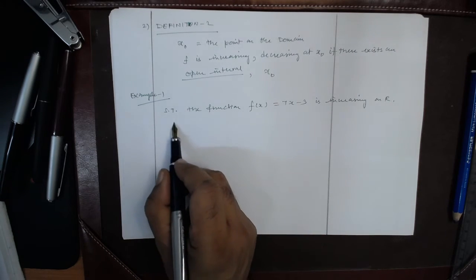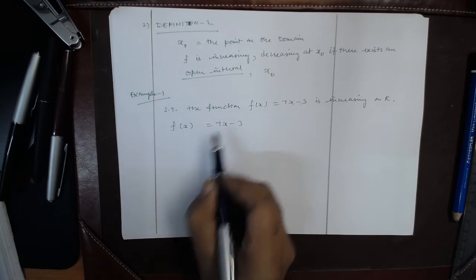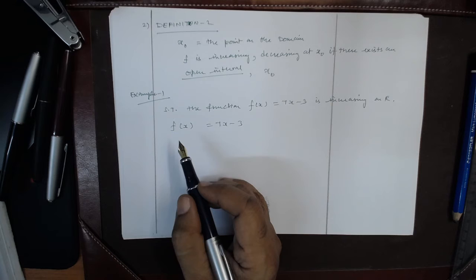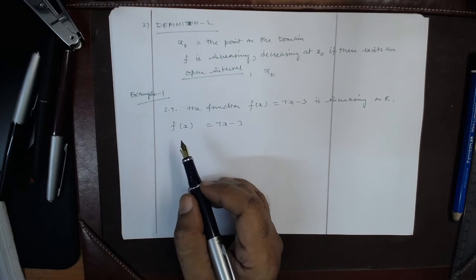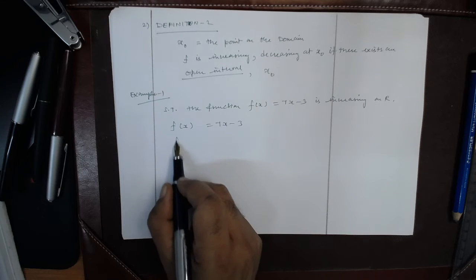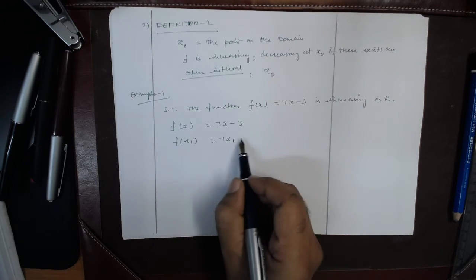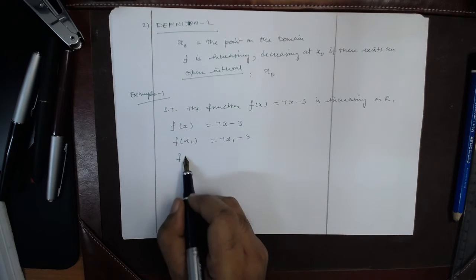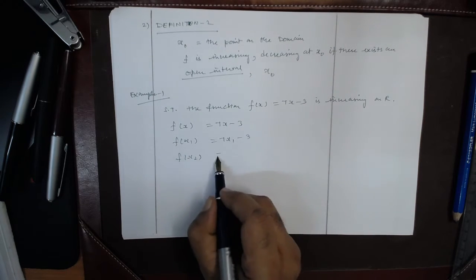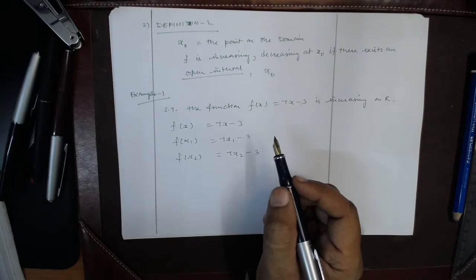So given f of x is equal to 7x minus 3. Let us consider f of x1, that is 7x1 minus 3, and f of x2, 7x2 minus 3. Okay.